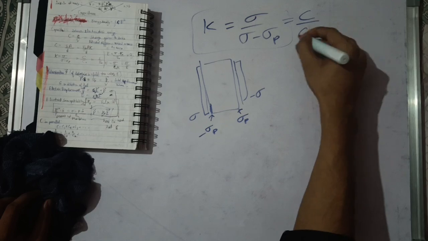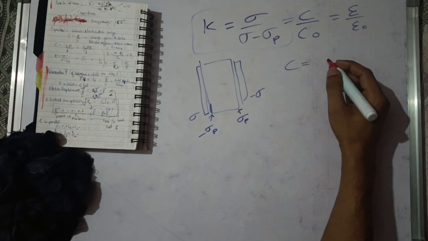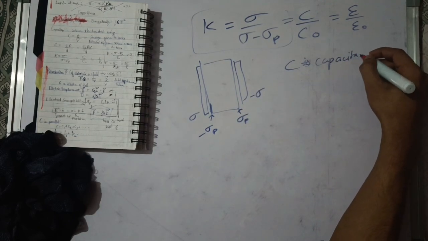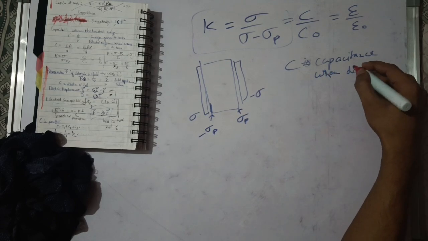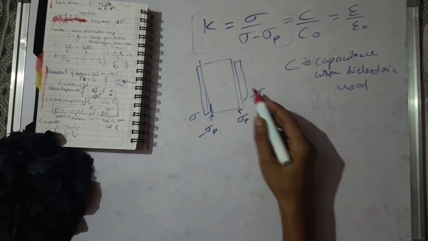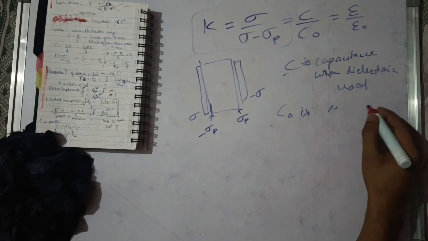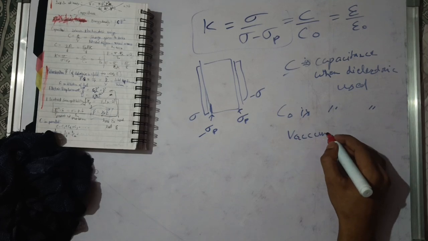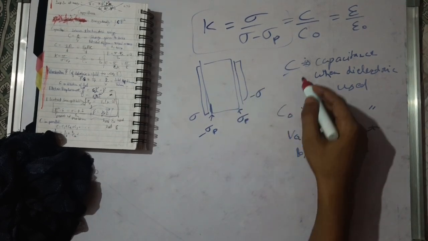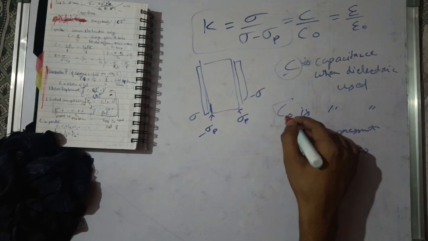This can be written as C upon C naught, which can be written as epsilon upon epsilon naught, where C is the capacitance when the dielectric medium of constant K is used, and C naught is the capacitance when vacuum is present between the plates.